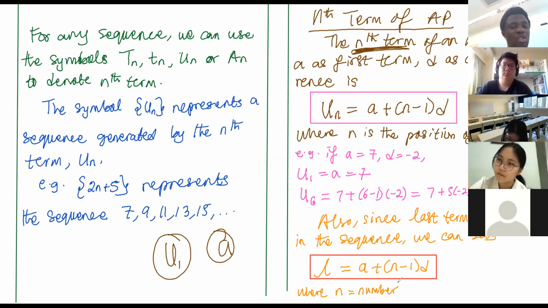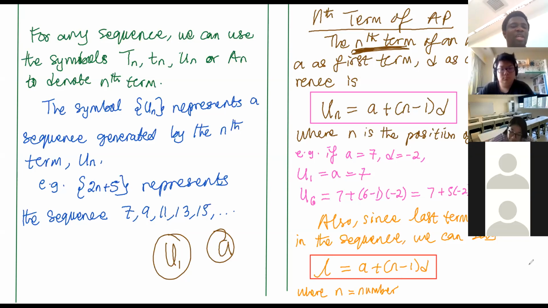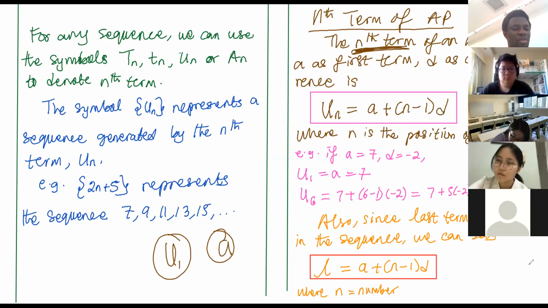So when you have a question, no one is going to tell you, find the last term if the position of the last term is 21. You probably get something like, find the last term if there are 21 terms in the sequence. So 21 terms in the sequence means the last term is 21st. The position of the last term is 21st.